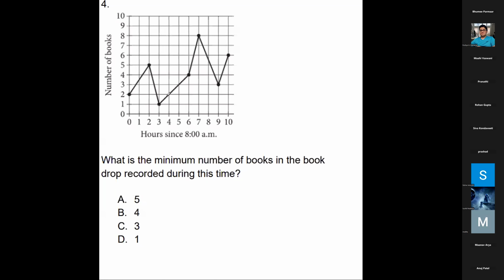Well, that is basically asking what is the minimum on this graph, which is right here, which is at 1. So the correct answer is answer choice D.